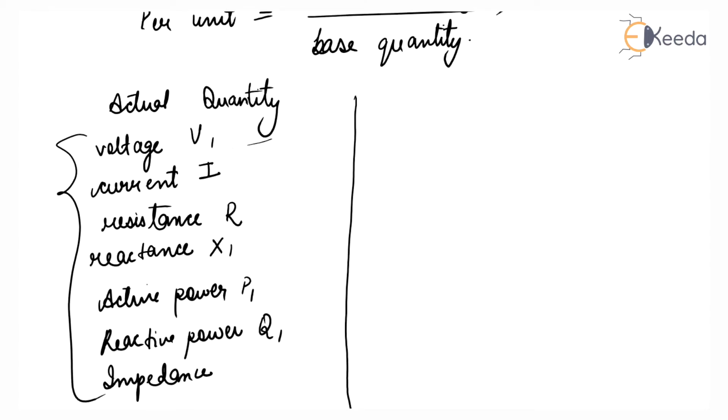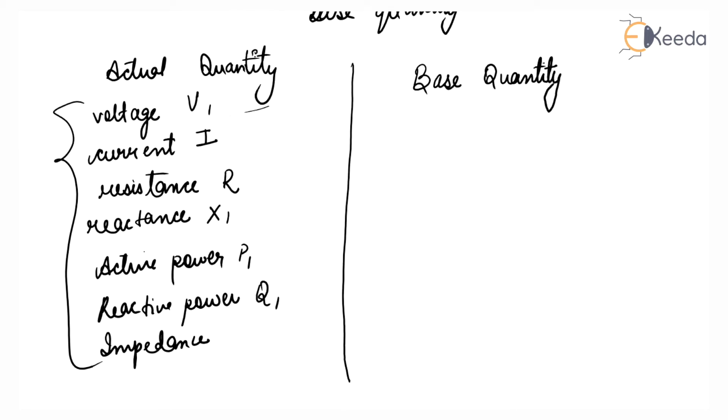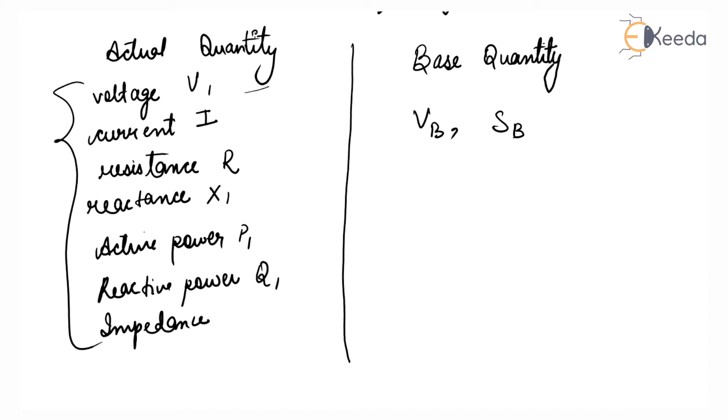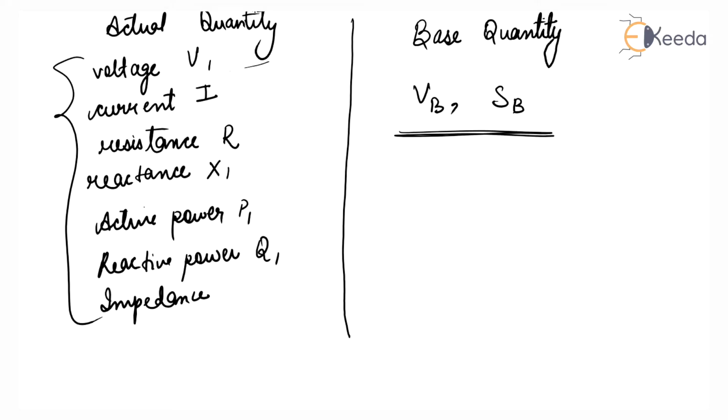Now base quantity. In a power system only two base quantities can be assumed: voltage base and apparent power base. We can derive our other base quantities from these two. First base quantity, voltage base.